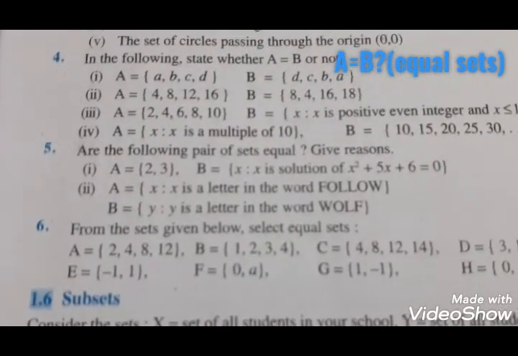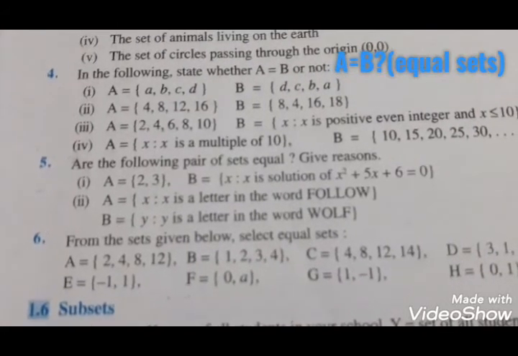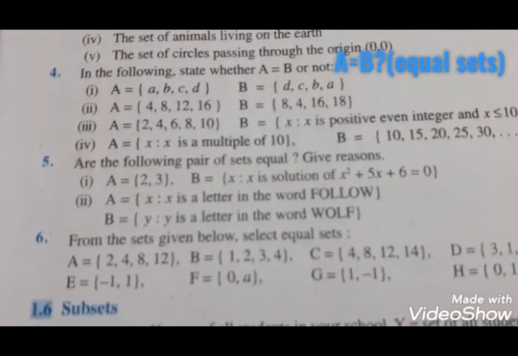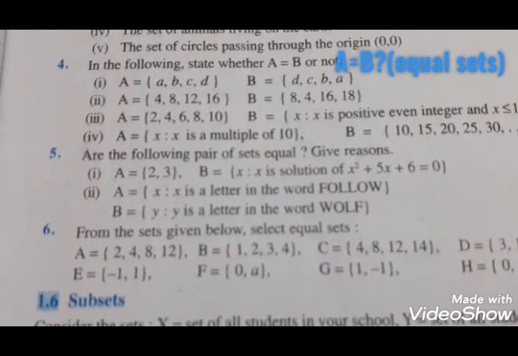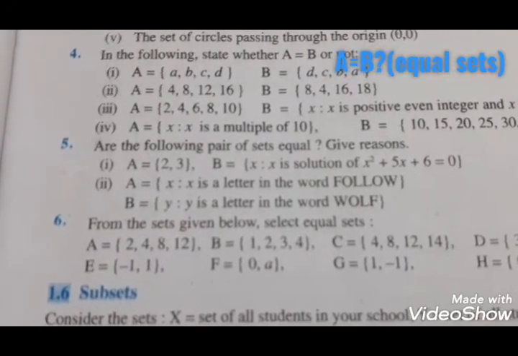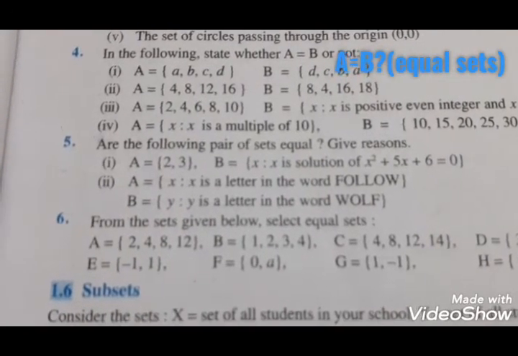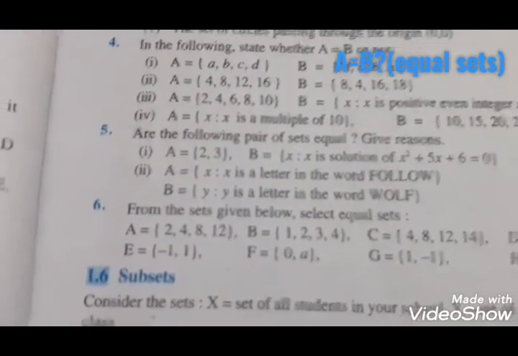So for set B we get the elements minus 2 and minus 3. See, in set A the elements are 2, 3. In set B the elements are minus 2, minus 3, means the numbers are the same but the signs differ. So the numbers are not equal. The number of elements is the same but the numbers are not the same. So we say that they are not equal sets, means it is not a pair of equal sets.